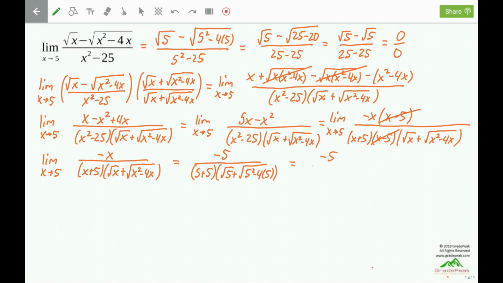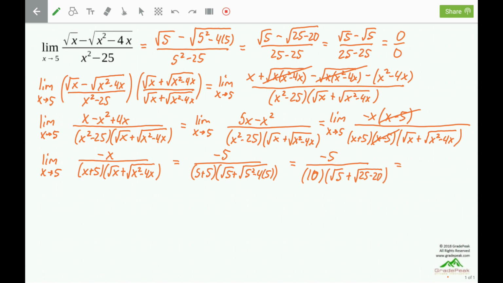That will give us negative 5 over 5 plus 5, which is a 10, times the square root of 5 plus the square root of 5 squared, which is a 25, minus 4 times a 5, which is a minus 20.